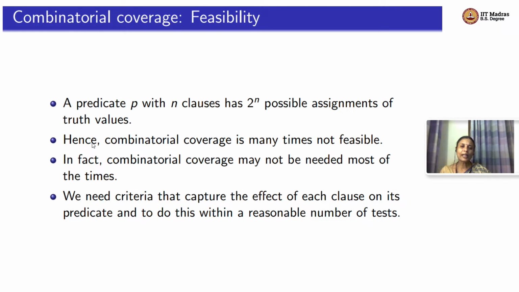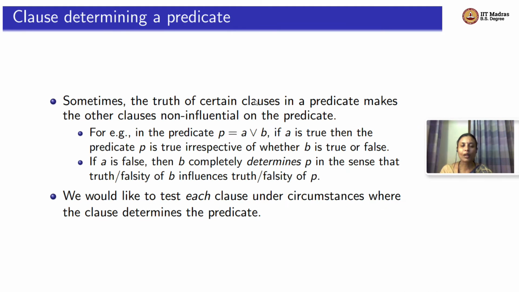So what we need basically is a criterion that captures how each clause influences a predicate, and can we do it without spending an exponential number of test cases. That's the goal. So we consider this notion of a clause determining a predicate. What we mean by this is, let's take an example to understand what it is. We'll take the same predicate that we have looked at till now in this lecture, A or B. Suppose the clause A was true right up front.